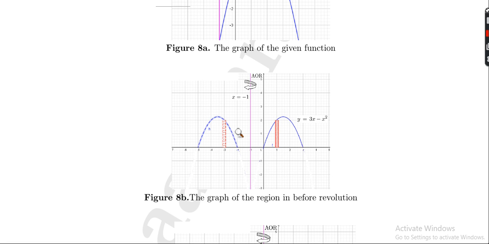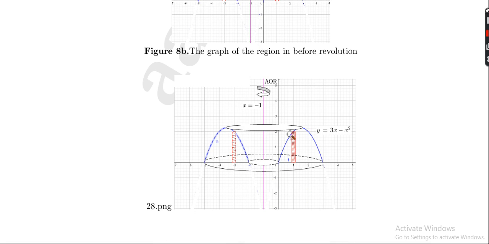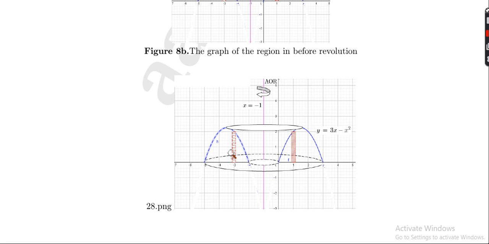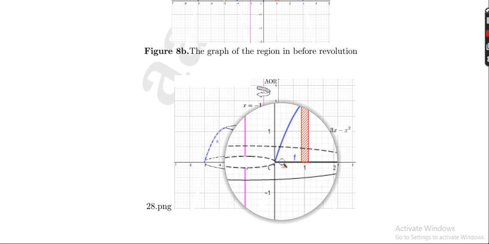And then when the region generates a solid, this is what it will look like in a transparent version. Okay, if you notice, it's open to below. Meaning, if I look at it from above, it has a hole at the bottom. Okay? Because we have space in between the region itself and the mirror of the region. So the bottom of this is a flat surface because our boundary at the bottom is a line.